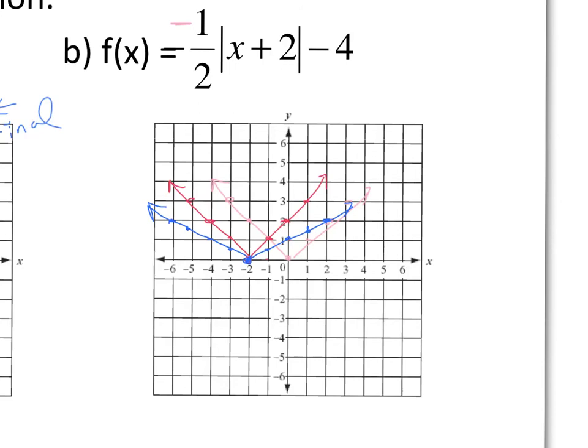Let's pick purple. Okay, and now we're clearly seeing where your graph is lining up. And then the next thing we want to do is move it down 4 units. So 1, 2, 3, 4.